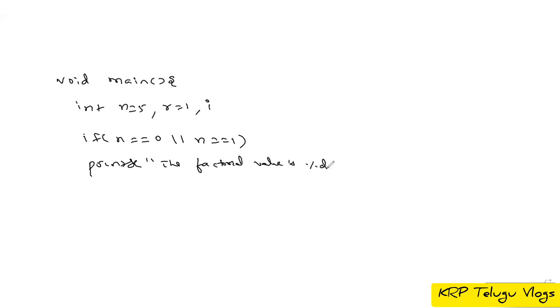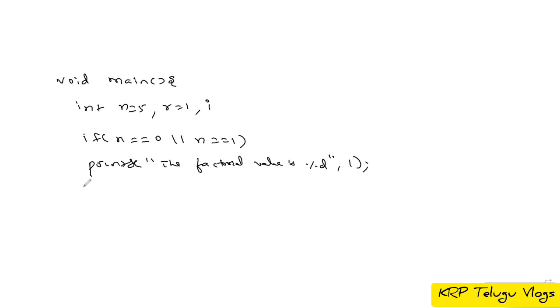If n double equal to 0 or n double equal to 1, printf the factorial value is percentage d comma 1. So it will print 1.